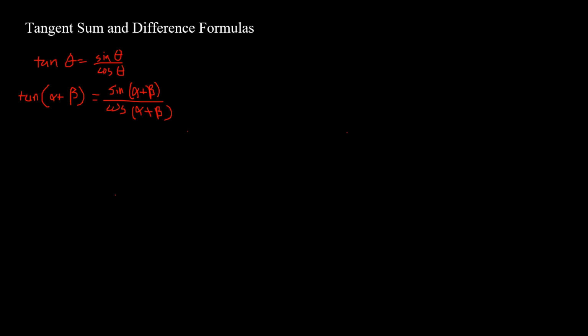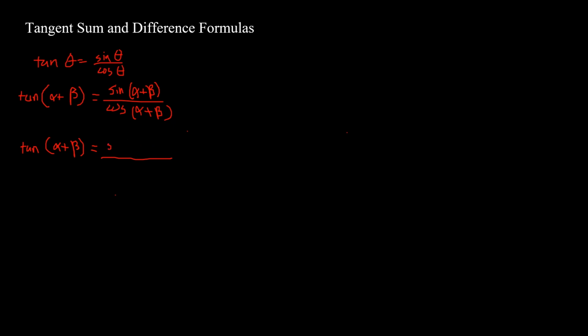So if you remember from the last video, the angle addition formulas for sine and cosine, we can rewrite this as tangent alpha plus beta. It's going to be equal to sine alpha plus beta over, I'm actually going to write all the denominators in a different color, cosine, oh sorry, I meant to expand these.